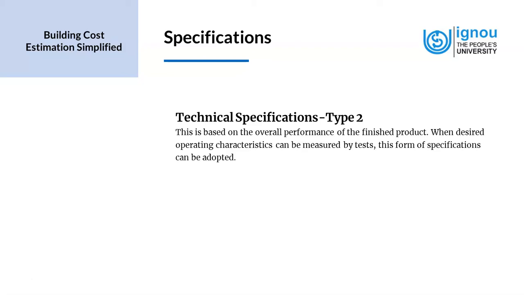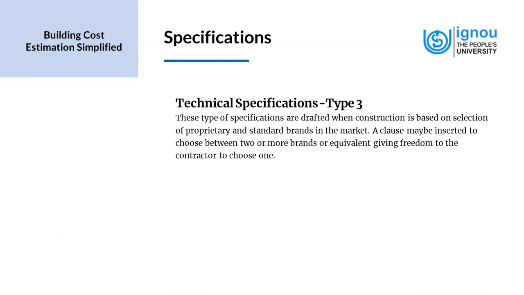These specifications, often based on performance, are used for equipment and machinery like pumps, air-conditioned plants, etc. However, performance tests are not necessarily indicative of the life of a particular equipment or machinery. Hence, it is customary that the contractor gives a warranty for the durability and the absence of defects in materials and workmanship.